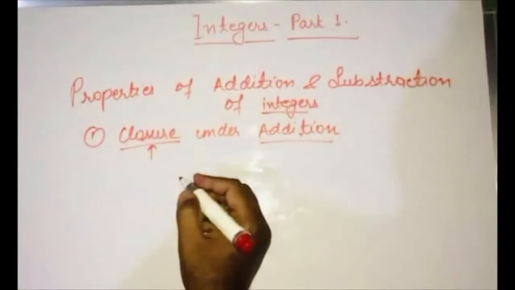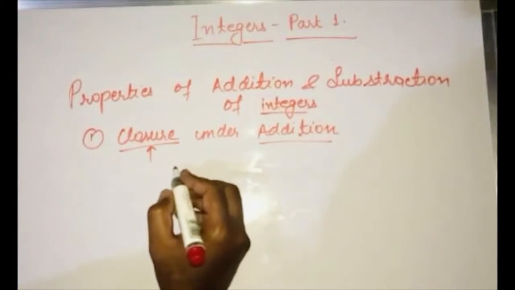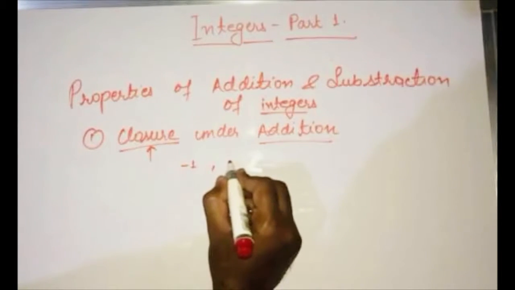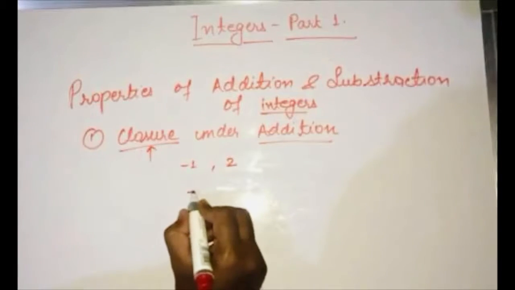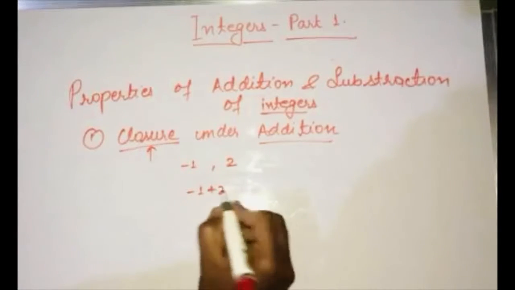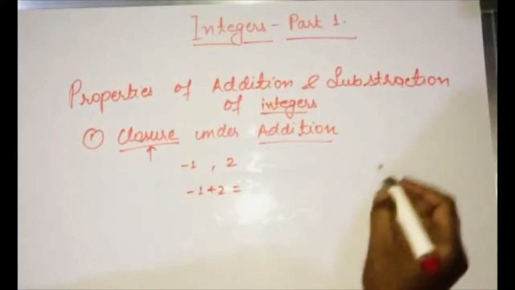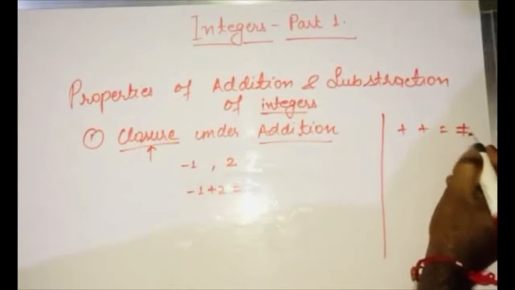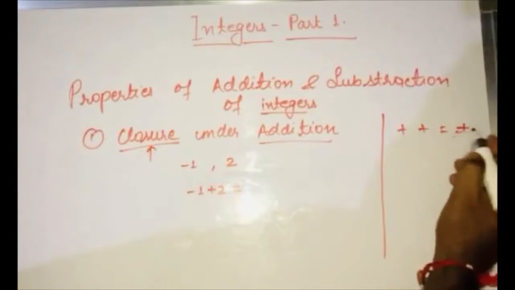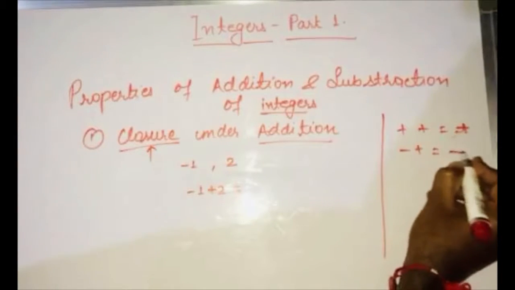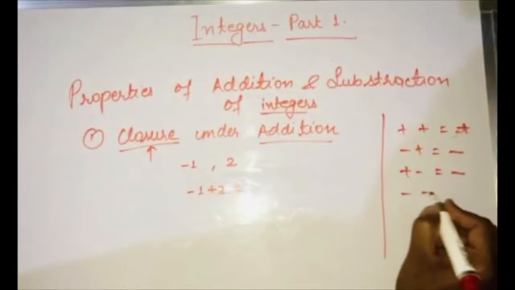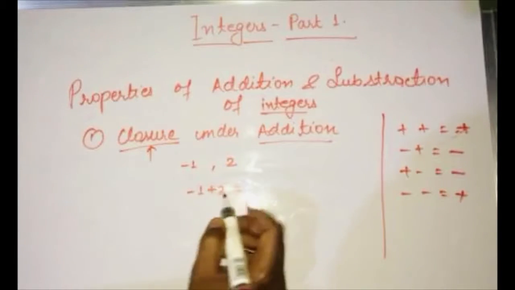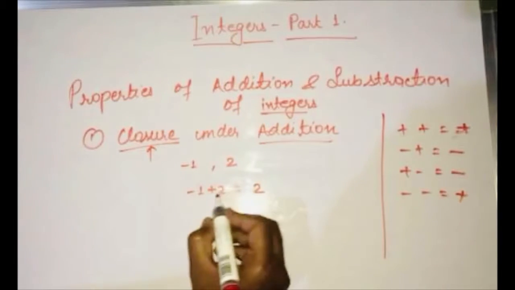Okay, so for example, suppose I have one integer, I'll take -1, and another integer, I will take 2. So when I add them, -1 plus 2, what do I get? If you remember this basic formula, I'll write it again: plus minus equals minus, minus plus equals minus, minus minus equals plus. So minus plus minus, it means you will do the subtraction. So 2 minus 1, 1. Which sign will you keep? The plus.